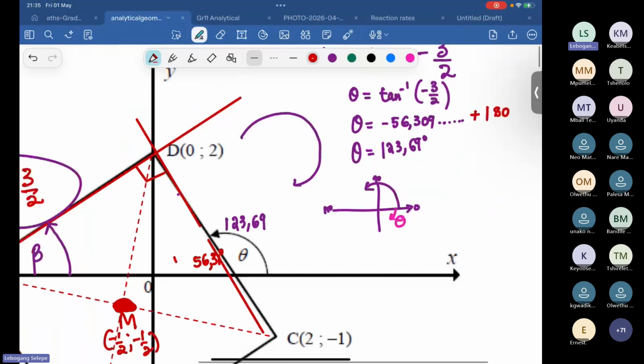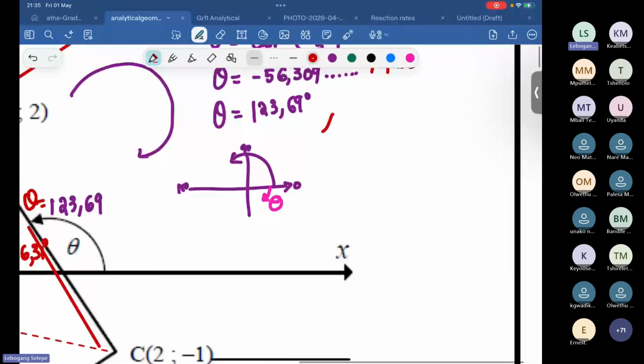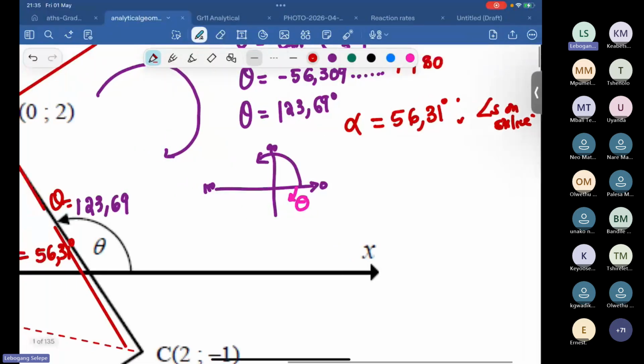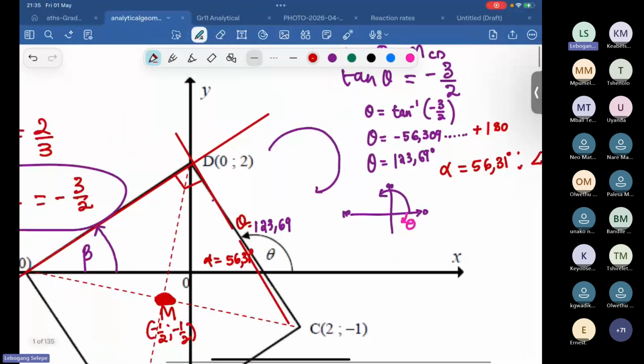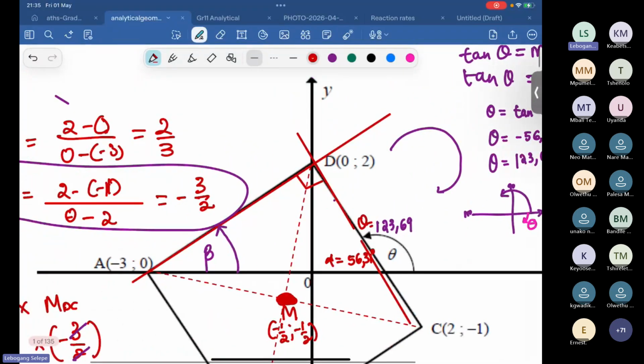So this is our alpha, this is our theta. In your write-up, you can write that alpha is equal to 56.31 degrees, and the reason is angles on a straight line. So we have alpha. Now we need to calculate beta.